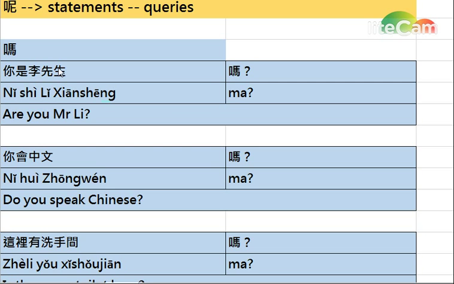This simply means that it is a question that can only be answered with yes or no. In other words, it is not an open question. The question particle ma is the easiest way to form this kind of question in Mandarin Chinese.